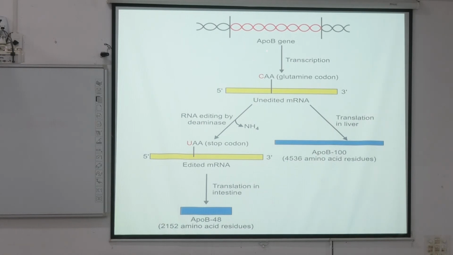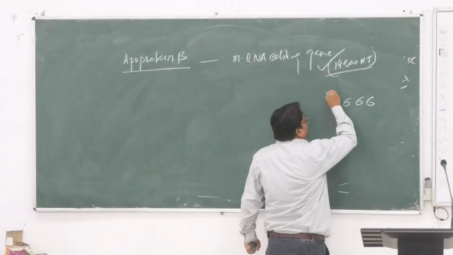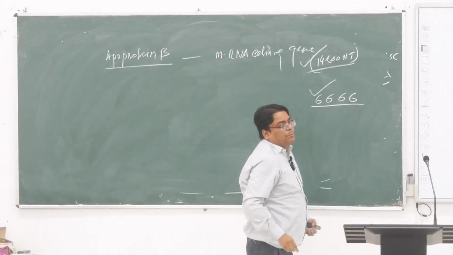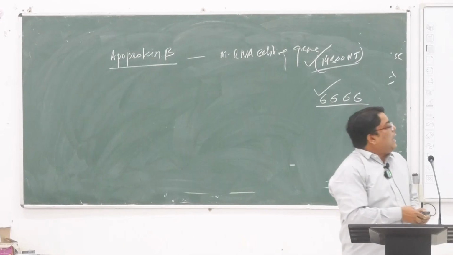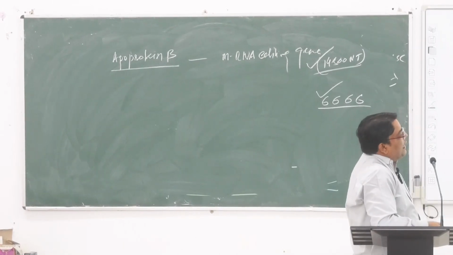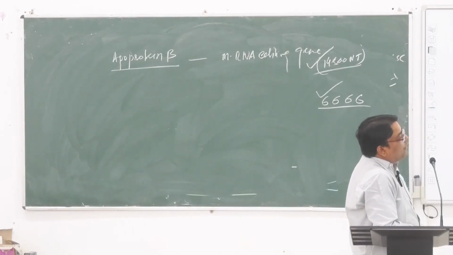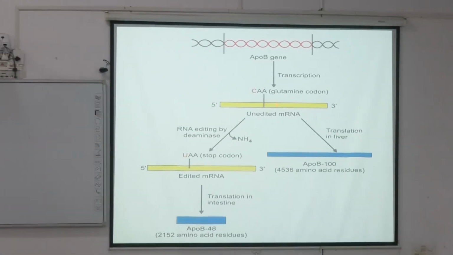This is the ApoB gene, in which at position 6666, because it contains 14,500 nucleotide base pairs, there is a code. The unedited code is for a glutamine codon.